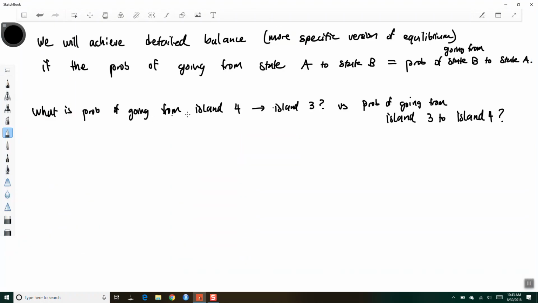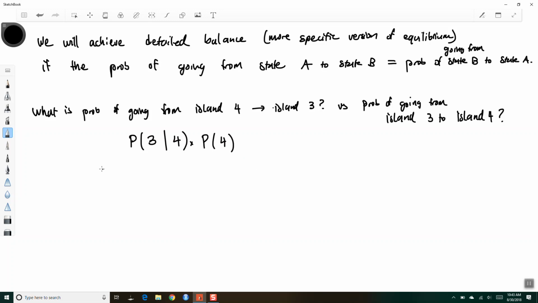Okay, so the probability of going from island 4 to island 3 is going to be the probability of going to 3, given that you are at island 4, multiplied by the probability of being at island 4 in the first place. Right? So this is just the total probability. What's the probability that a random person in this island system happens to be transitioning from island 4 to island 3?